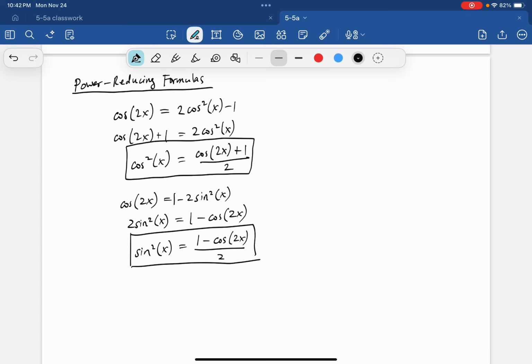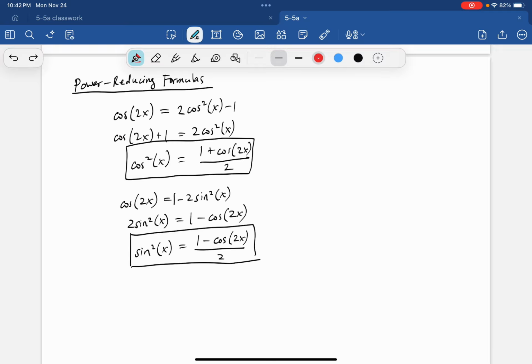These can be written a little more symmetrically if I replace the order here with 1 plus cosine 2x. Same thing, just change the order. As you can see, for both of them you have a fraction, everything is over 2, and you also have a 1 that's being added.